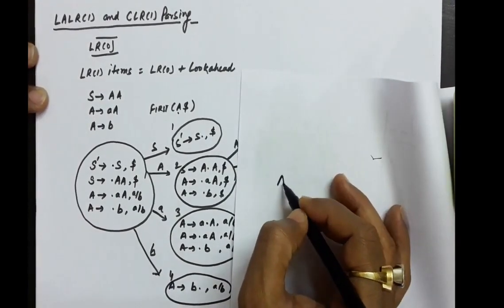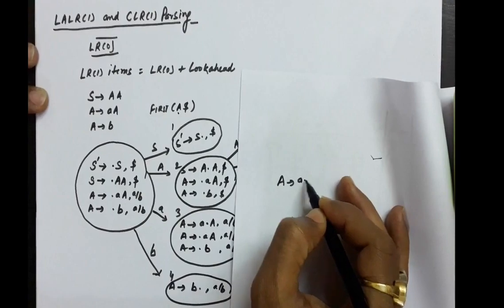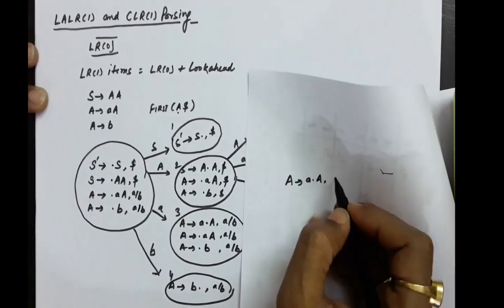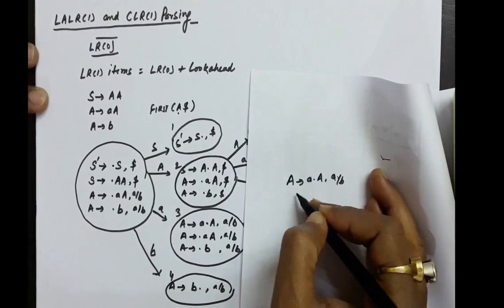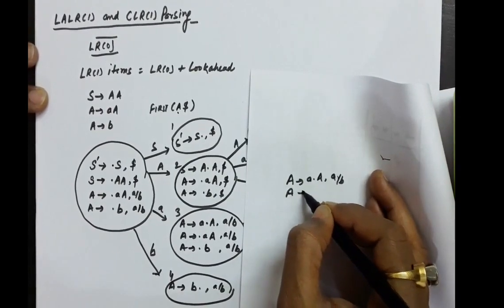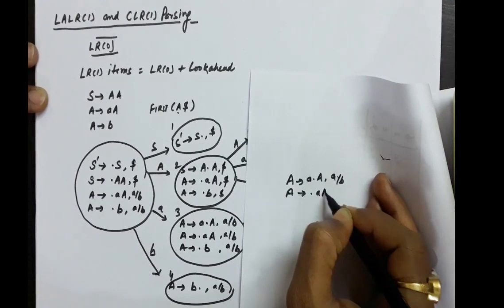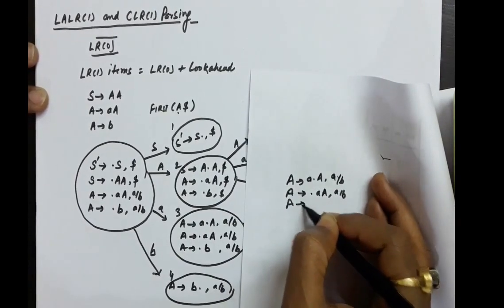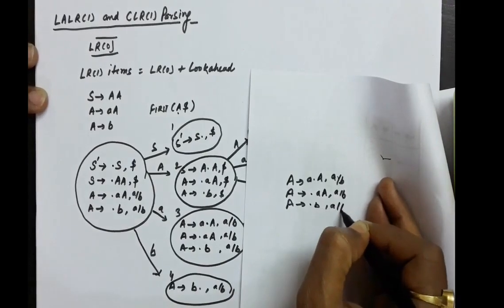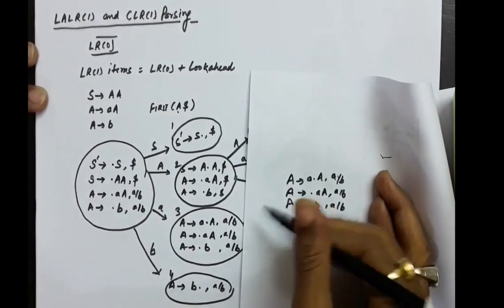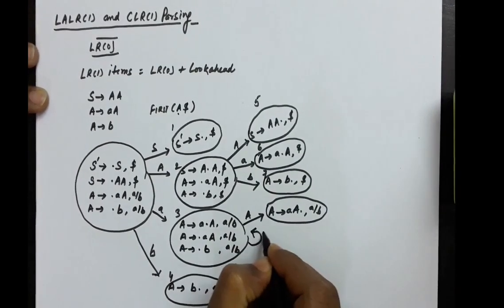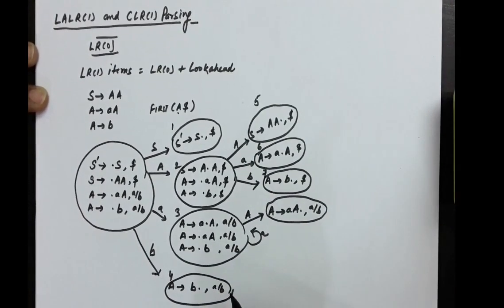This will be A produces small a dot A. Okay, so look ahead of A and B will be A and B. All the production is starting with capital A, so it's dot A and capital A. Look ahead will be A and B. A produces dot B. Look ahead will be A and B. So this is the same state. Okay, so for small a, it will remain in the same state, and with a small b, it will go to this state. You see.